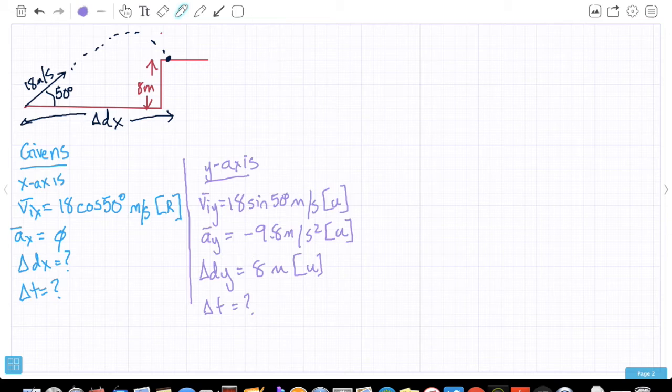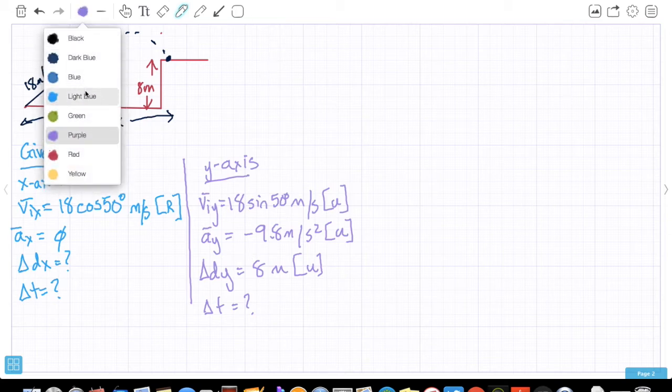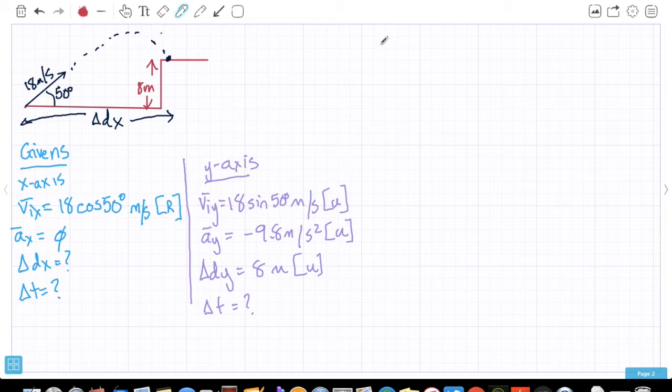So let's do that over here. In the y-axis, the equation that has all of these elements in it is delta dy equals viy delta t plus a half a delta t squared. And then we'll do our substitution.